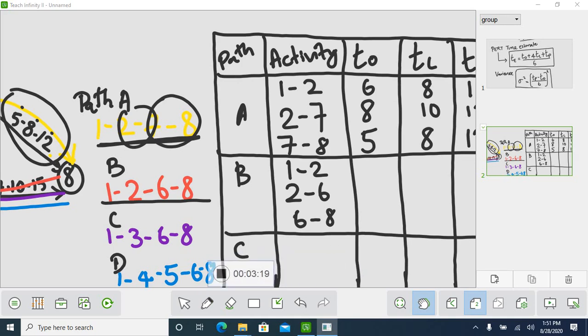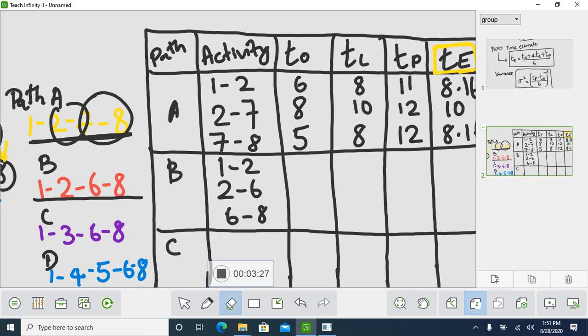For 1 to 2, it is the same as we calculated in path A: 6, 8, 11, giving 8.16. So the same will come for your path B.